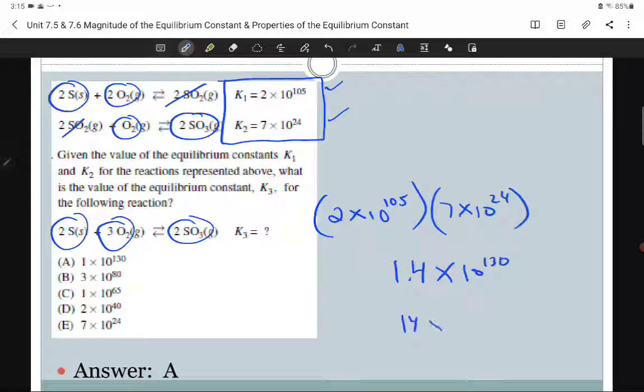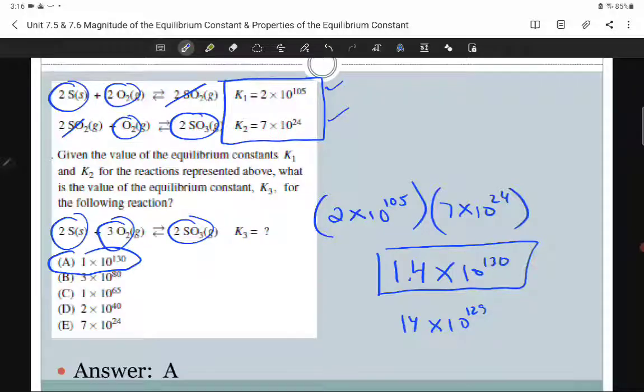Yeah, so let me show you what I had done there. So 14 times 10 to the 129 is the same thing as 1.4 times 10 to the 130, and the reason I kept it like that is because that's how typically you would see scientific notation. And what does that match up best with? Well, we already have the answers, but that matches up with 1 times 10 to the 130.